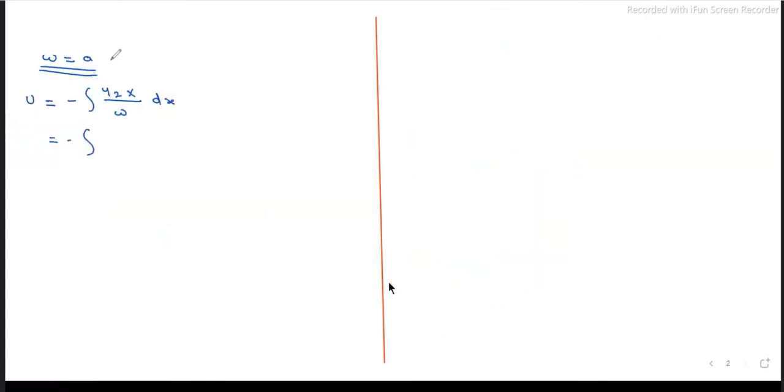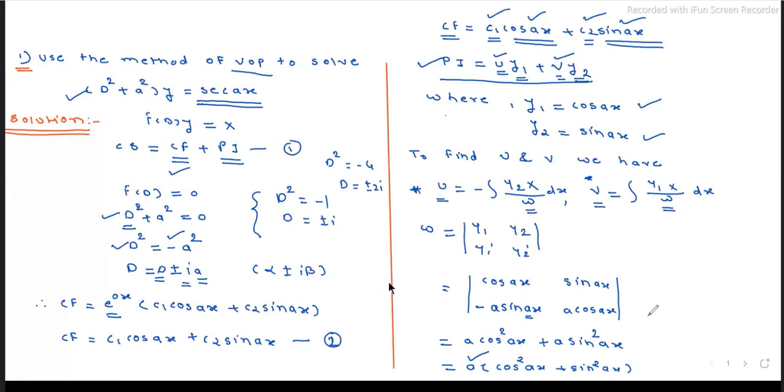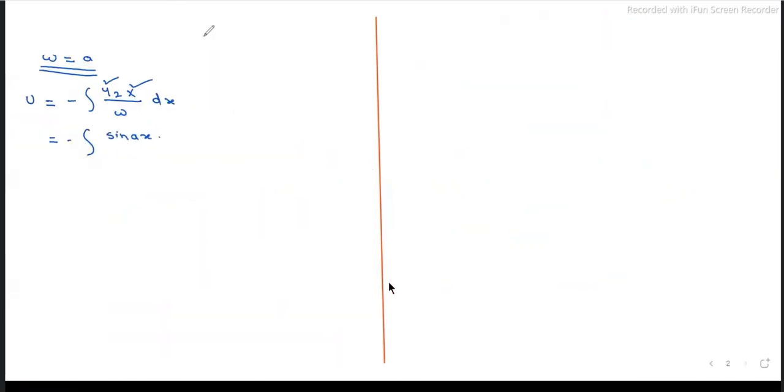To replace the values, this y2 for calculation of U should be replaced by sin ax, then capital X. हमारे इक्वेशन की राइट हैंड साइड का फंक्शन क्या था? प्रॉब्लम आप ऑब्जर्व करो. In the given problem right hand side is just sec ax. ओके, सो रिप्लेस capital X is equal to sec ax divided by Wronskian W, and Wronskian W is nothing but a. ओके, अब इसे थोड़ा सिंप्लीफाई करो.